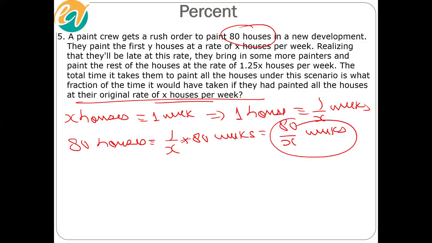But what did they do? They painted the first Y houses at a rate of X houses per week. So can you tell me how much time will it take for them to paint Y houses at this rate?